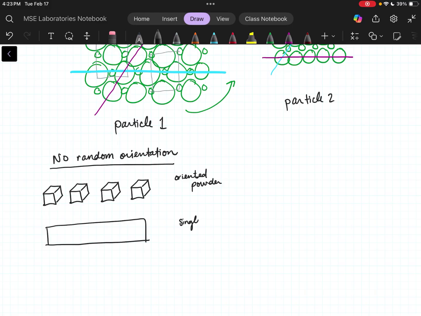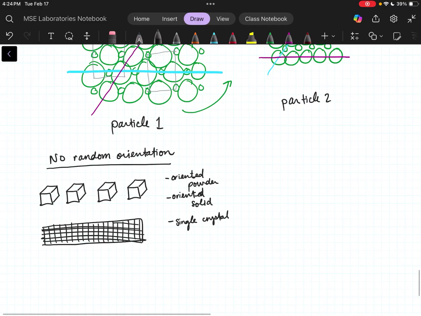So this would be an oriented powder. That's what I've drawn on top there. Or a single crystal, or an oriented solid. So any of these options where I have perfect alignment.